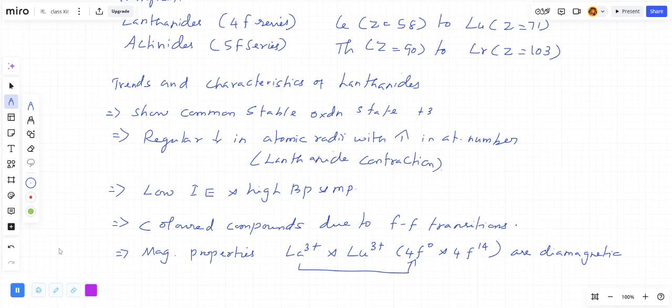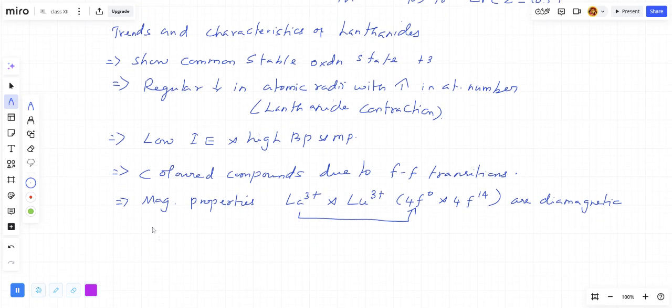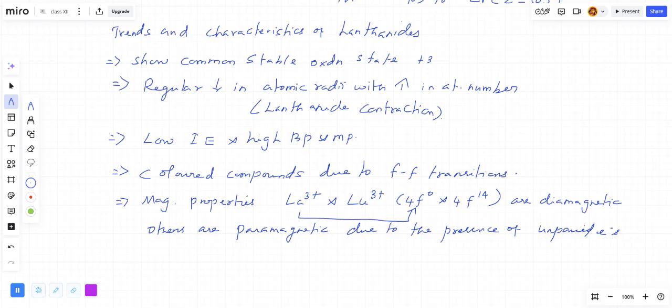Other trivalent lanthanoid ions are paramagnetic due to the presence of unpaired electrons. So this is all about its magnetic properties.